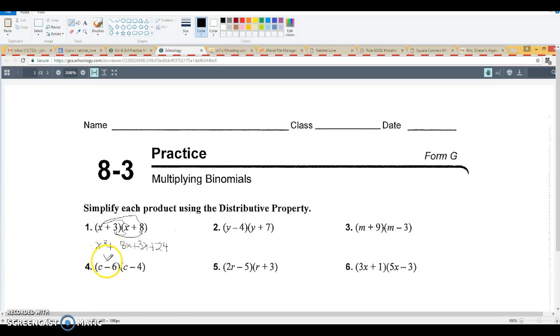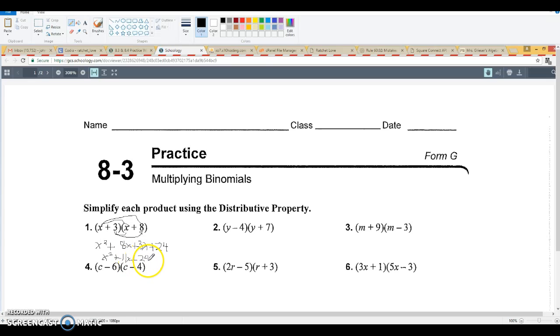So we have x squared plus 11x, because 8 plus 3 is 11, plus 24.